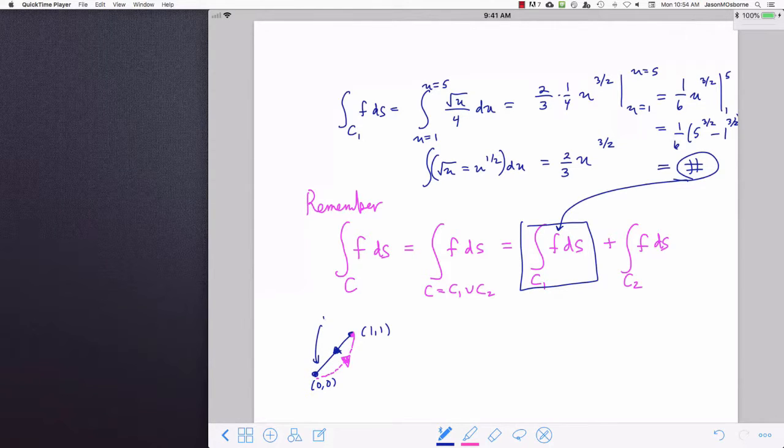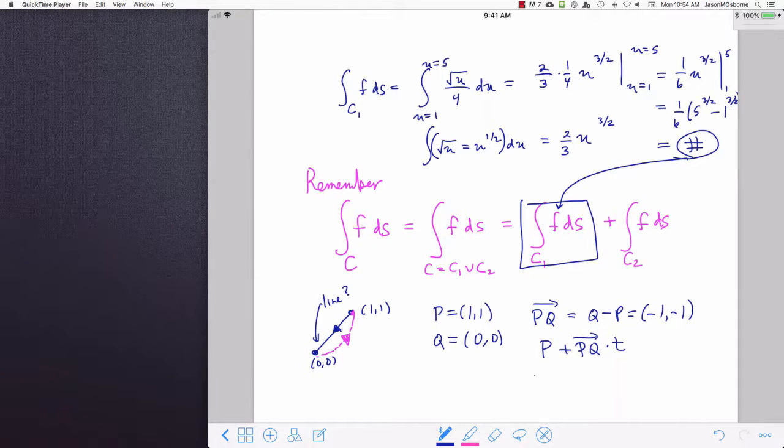So we need to find this line, and that line starts at the point P being 1, 1 and goes back to the point Q being 0, 0. So the vector from P to Q is Q minus P, which is negative 1, negative 1. And then the line goes through the point P plus PQ times t. That's the equation of a line.